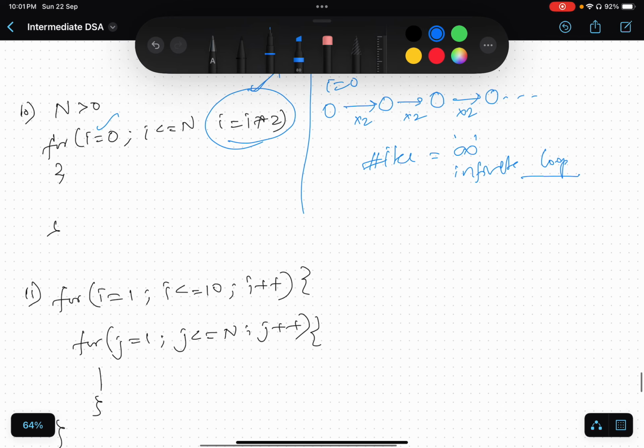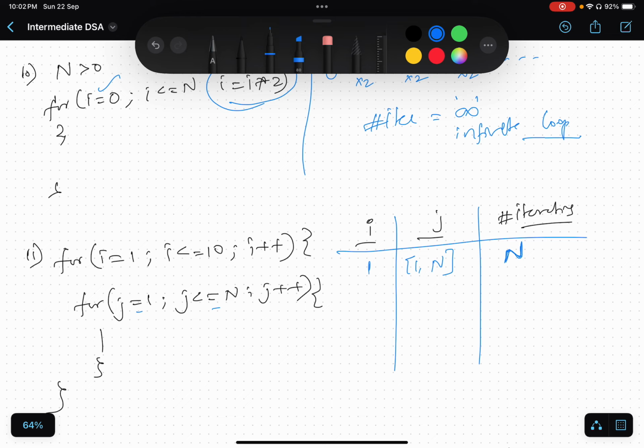So the number of iterations when i equals 1: the inner loop is making n iterations. Similarly, when i equals 2, my inner loop again starts from 1 and runs till n, that's n iterations. This trend continues till i equals 10, so each gives n iterations.